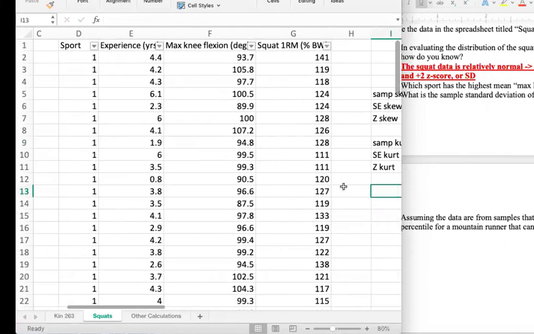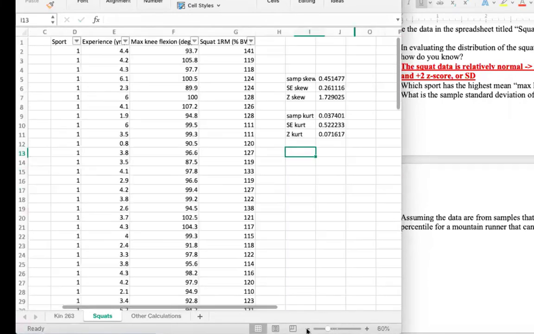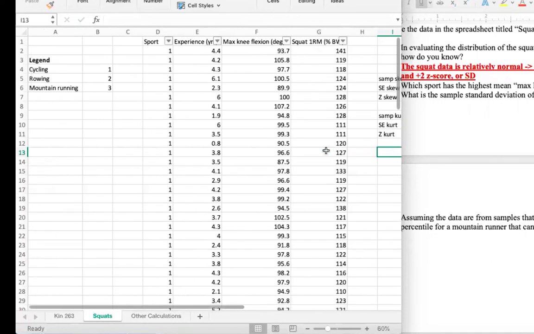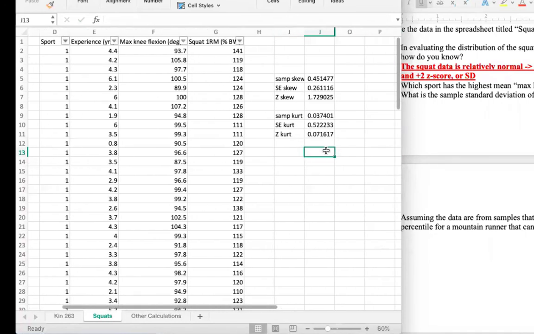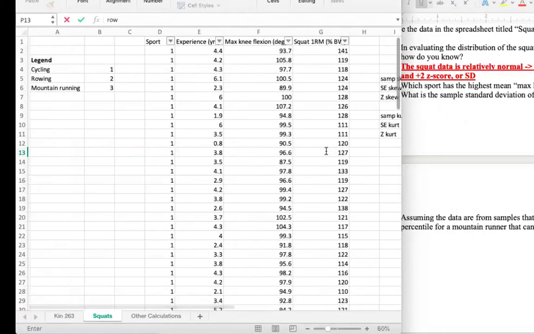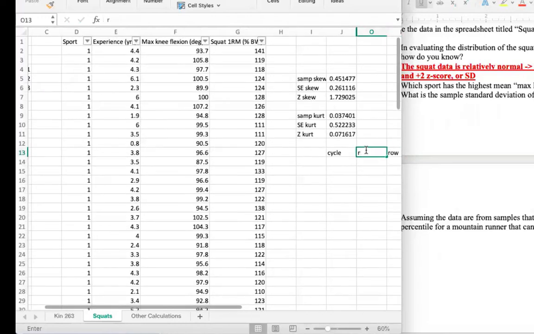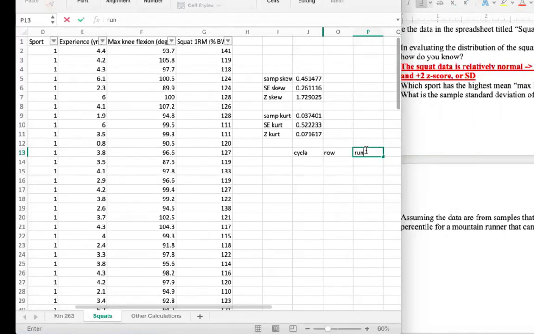Okay, I'm going to zoom out real quick. Cycle, run, row. I'll put them in the same order so we don't get confused.